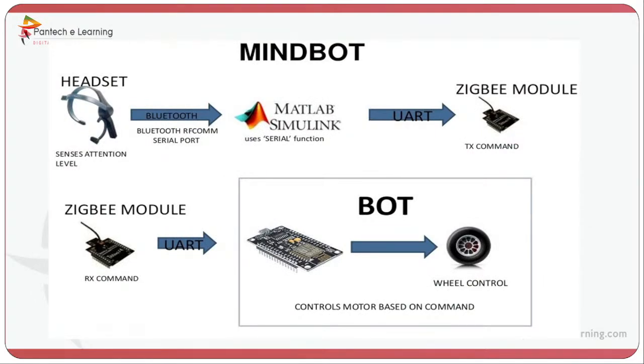Here we have a project related to this BCI: a mindset with a BCI sensor. It will be interfaced with Bluetooth. So there is an interface module. A Bluetooth module is inbuilt in this MindWave sensor, which will be linked with MATLAB. Once we are linking with MATLAB, you can take over this ZigBee module as your system.